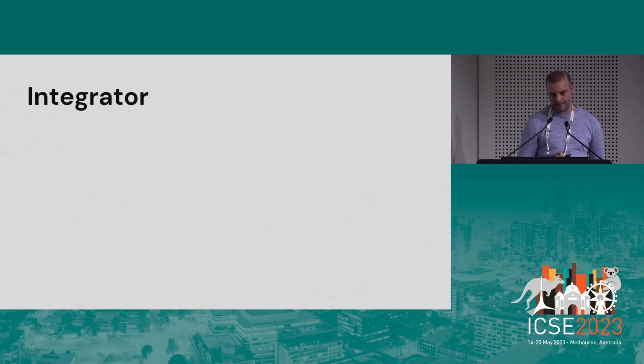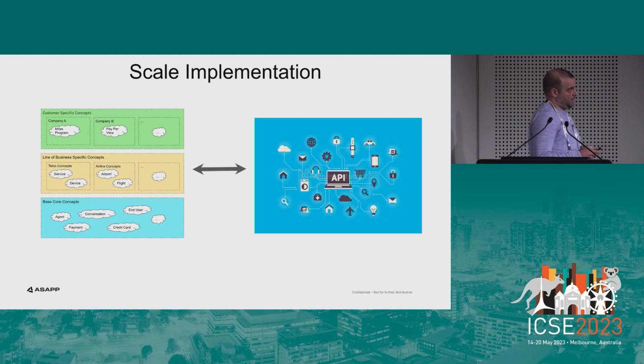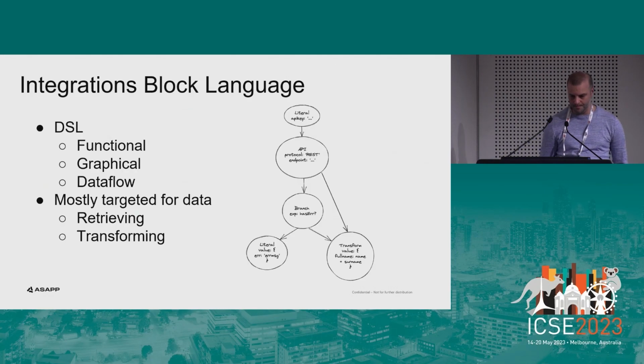Now let's discuss the integrator side of our solution. The main challenge for the integrator is efficiently integrating all existing heterogeneous data sources into the ontology. To enhance this process, we first introduce a domain-specific language we call the Integrations Block Language.